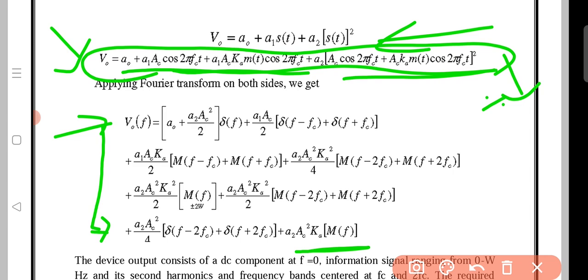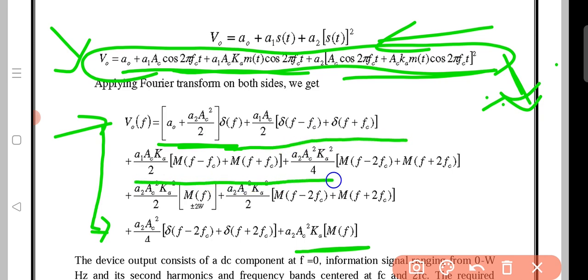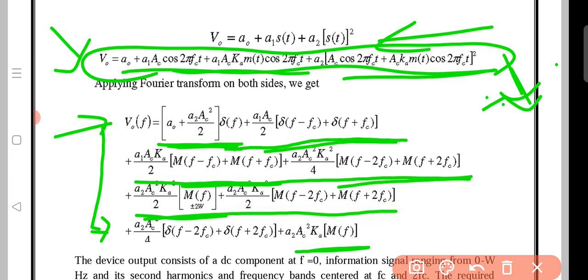Each and every one of these terms consists of the carrier. Here there is no message. Here it consists of LSBs, higher order LSB sidebands. All these terms consist of LSB signals.